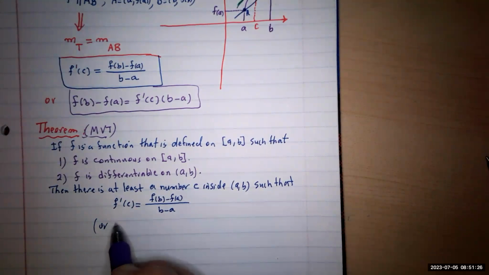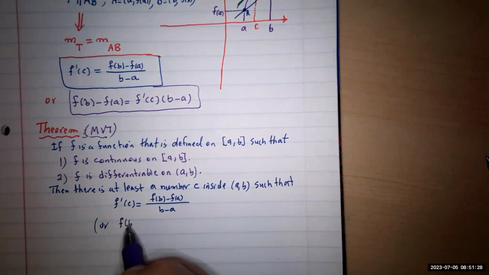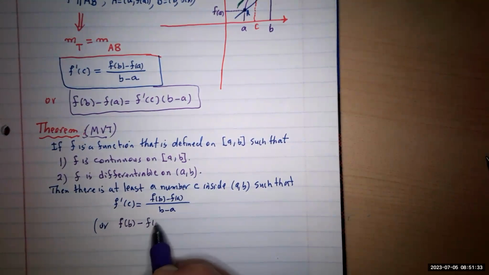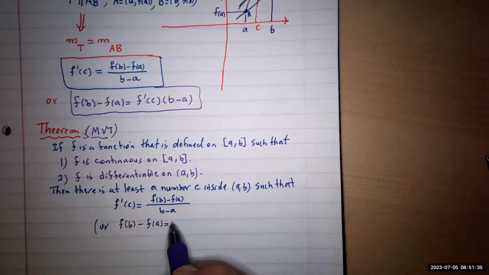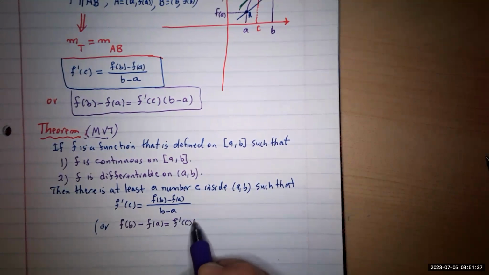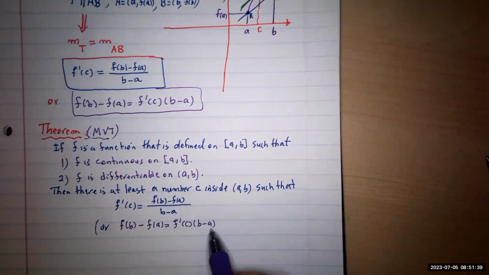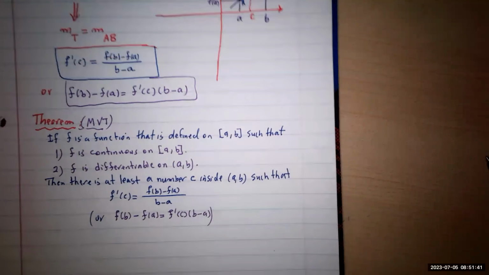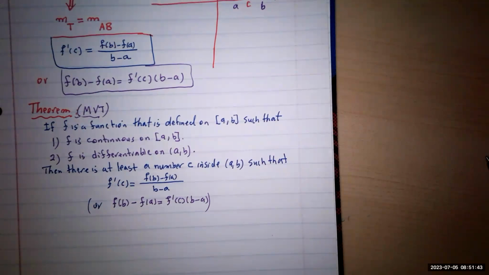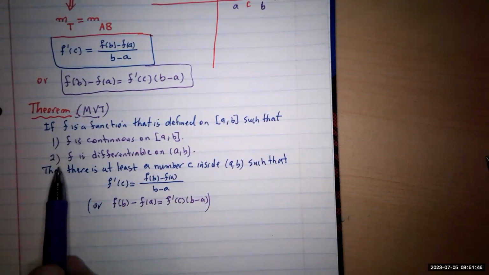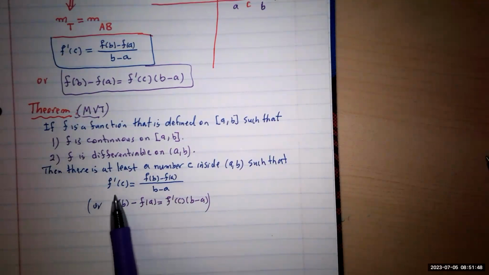You can use either one, but for this section, this is easier: f of b minus f of a is equal to f prime of c times b minus a. That is the mean value theorem. So as soon as you check the first and second conditions, you form this quotient and you solve for c.